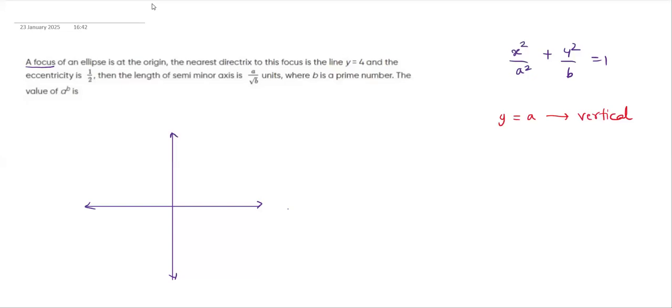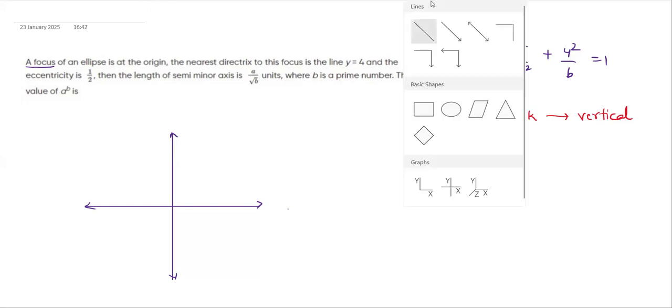If it is x is equal to plus or minus k, for instance, then it is a horizontal ellipse, because by the symmetry of the ellipse, if the directrix is parallel to the x-axis, then obviously it will be a vertical ellipse.